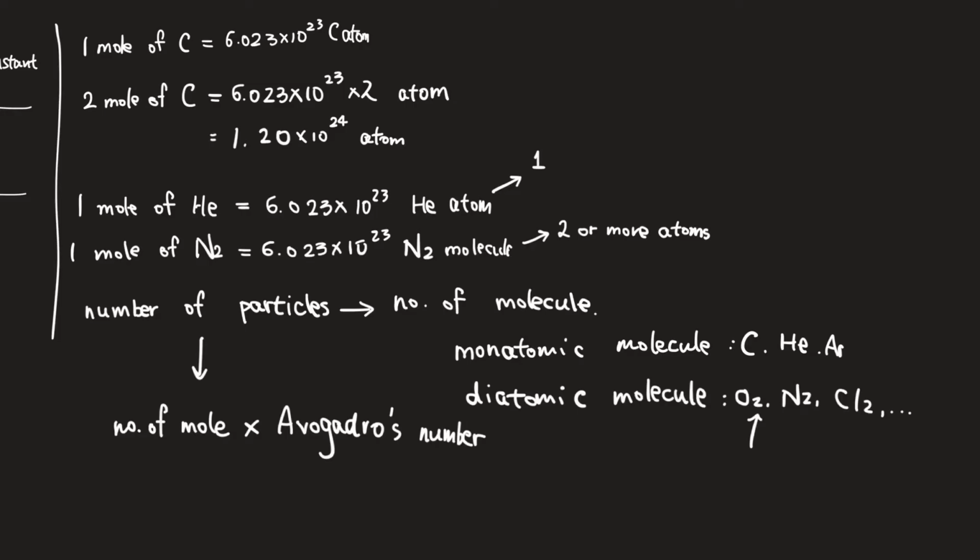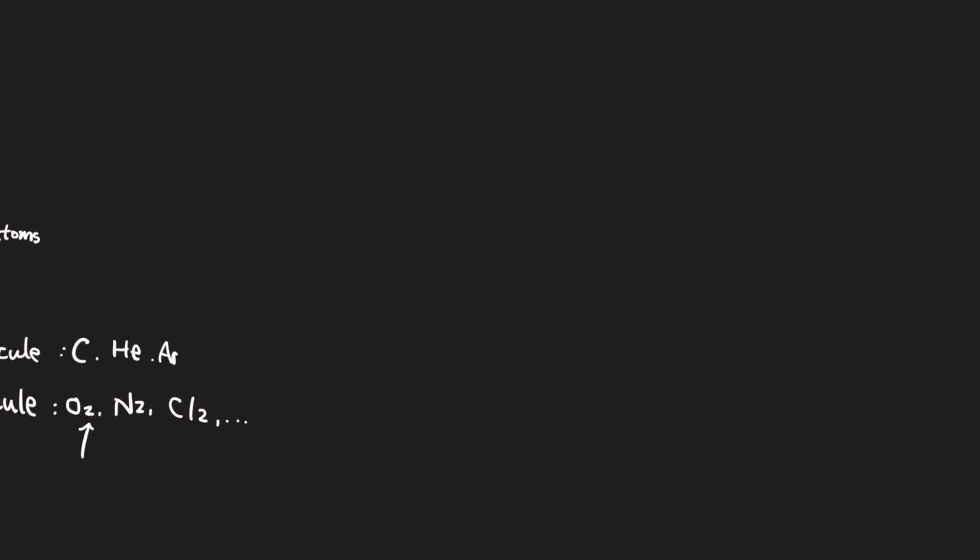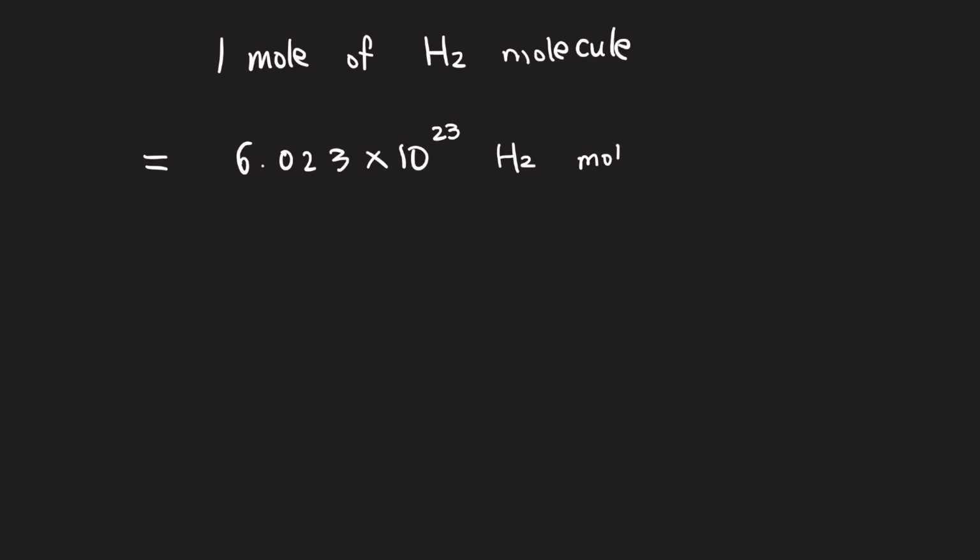But for some questions that you can see in your notes, let's look at this example. Again, if we have 1 mole of hydrogen molecules, you should know that if we do the counting, we have 6.023 times 10 to the power 23 hydrogen molecules.